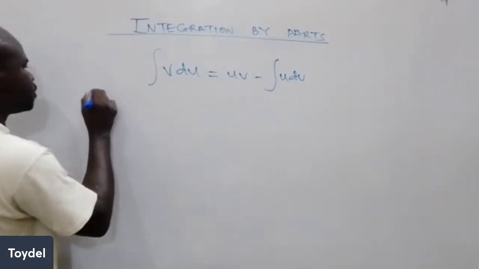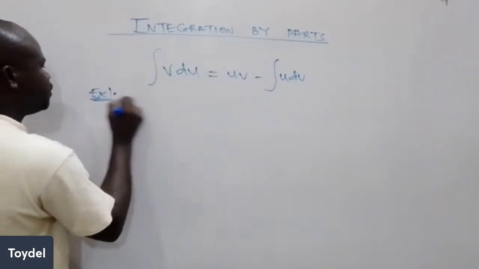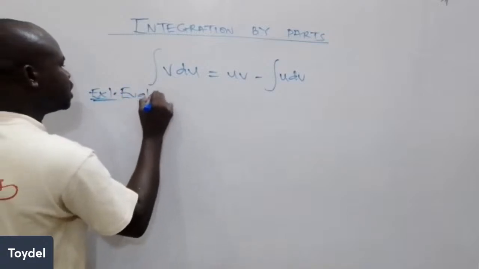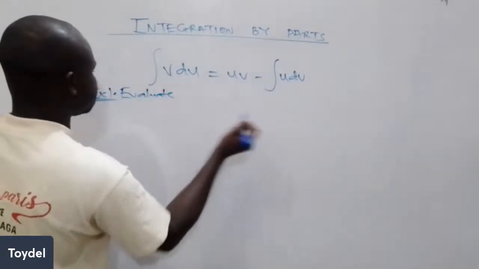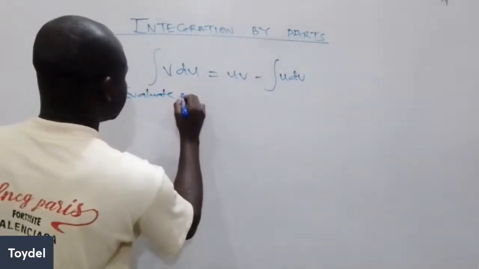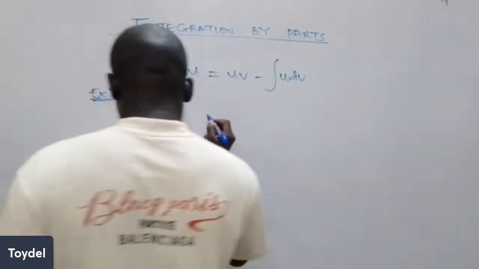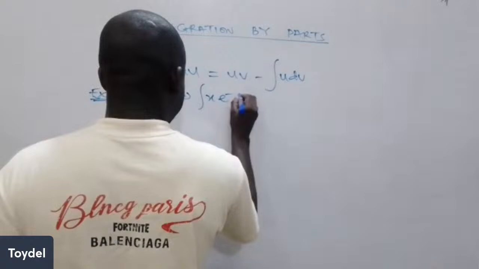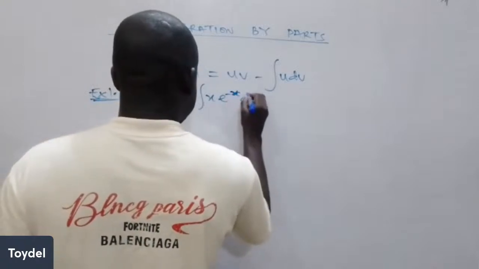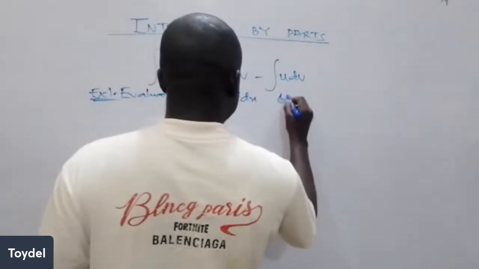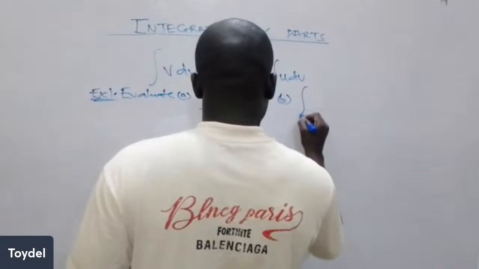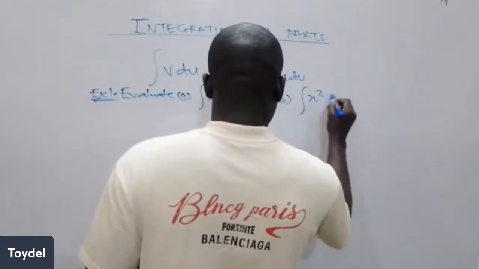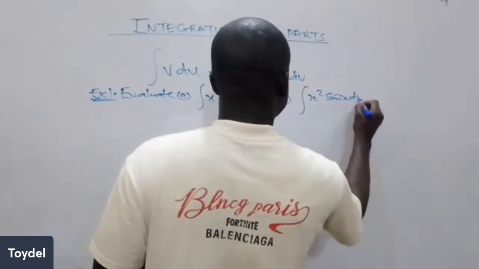For instance, let's say, if you are to evaluate or integrate, let's think about 3 questions. A, where you have the integral of x e^(-x) dx. Then B, where you have the integral of x squared sin x dx.